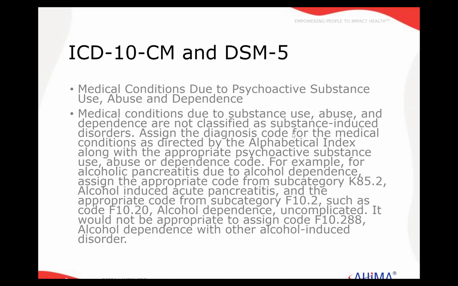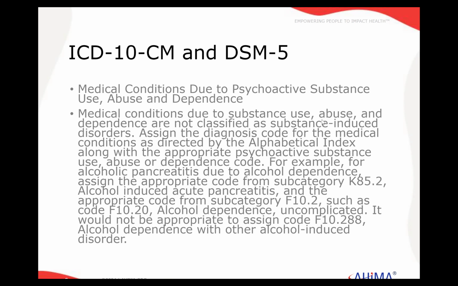One that they talk about is alcoholic pancreatitis due to alcohol dependence. So you would follow the instructions in the tabular and assign the appropriate code for the alcoholic pancreatitis, the K85.2, and then the main term being dependence, alcohol. We can also have alcohol dependence, uncomplicated.